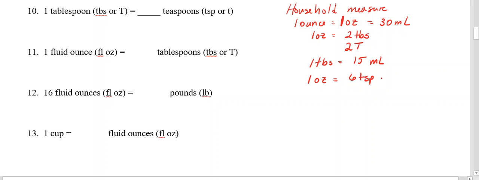Teaspoons is TSP. And 6 teaspoons equals 2 tablespoons. And then 1 teaspoon equals 5 milliliters.